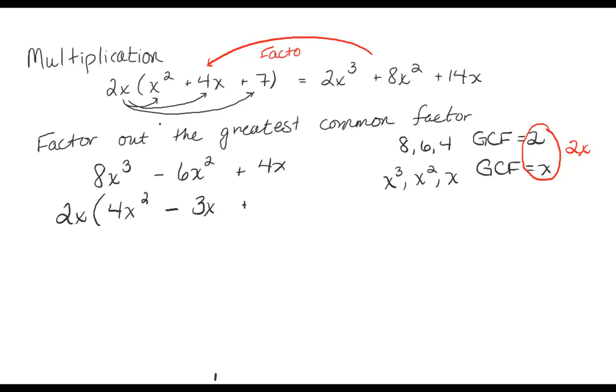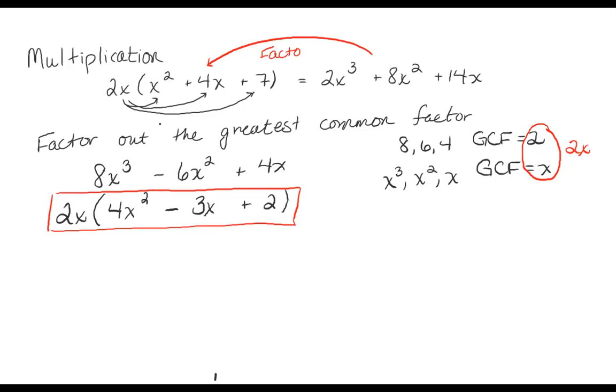And for the last term, plus 2, since 2x times 2 is 4x. On that problem, since it just asked us to factor out the greatest common factor, we are all set. Do you remember doing things like that now, Ashley? Okay, good.